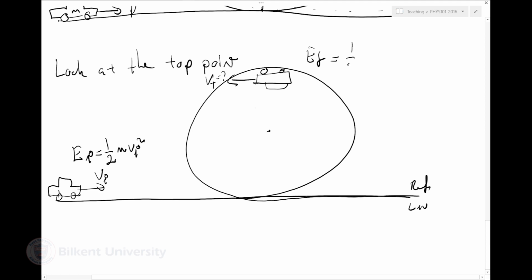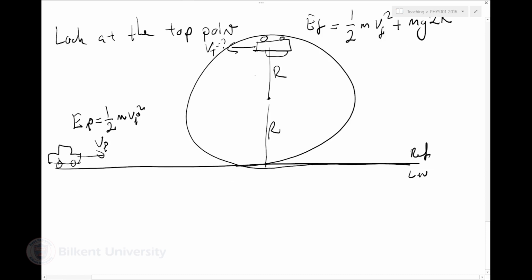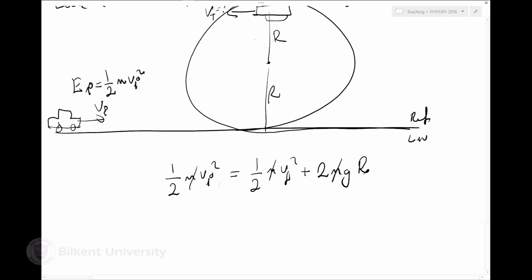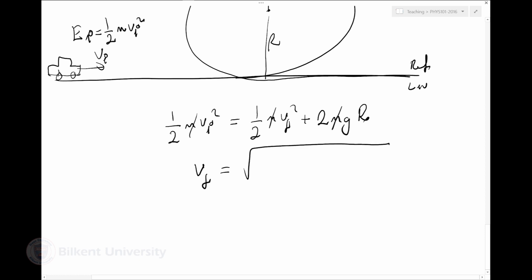Well, my kinetic energy will now be 1/2 m v final square. But now I actually have mg times 2r of potential energy. If my initial energy is equal to my final energy, 1/2 m vi square is 1/2 m v final square plus 2 m g r. The m's cancel. I should say v final is square root of 4gr minus v initial square.